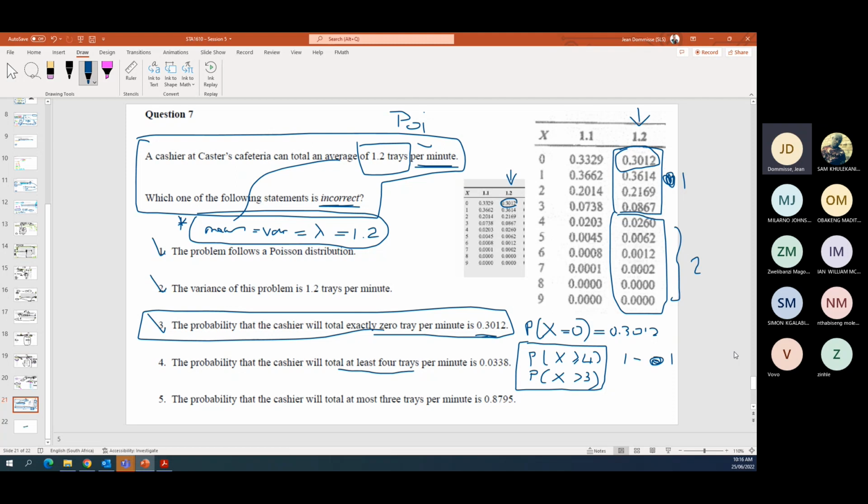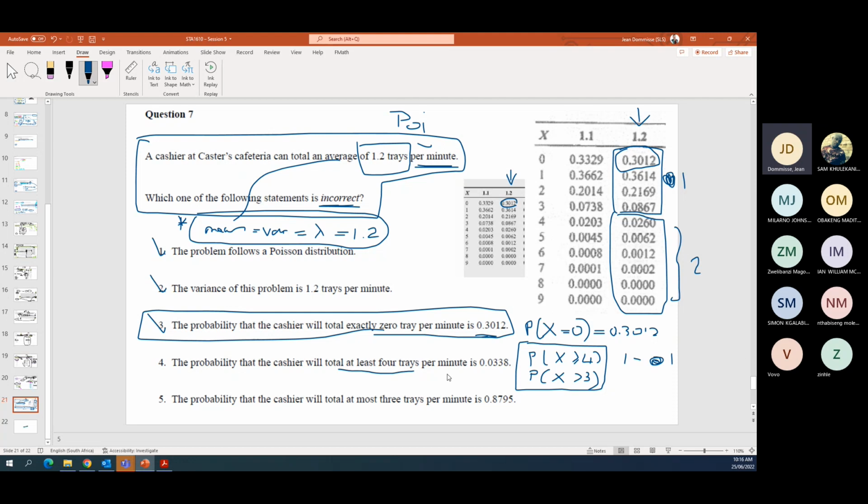So 0.026 plus 0.0062 plus 0.0012 plus 0.0002, which in the end now gives me something different.